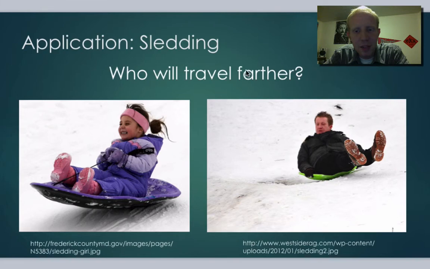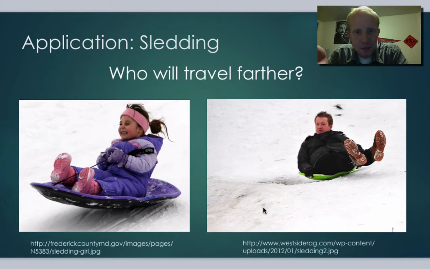Then think about a full-grown adult going on a sled down the same hill. Who's going to travel farther and why? Think about it for a second. Maybe discuss it with the person next to you. Even if you don't have any background in momentum, just think about your experience. Who's usually going to travel further?